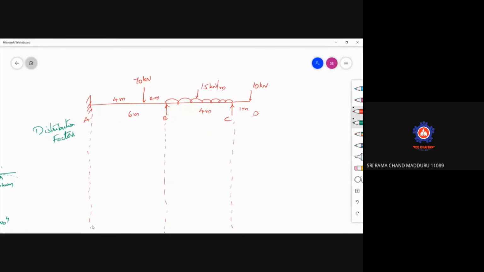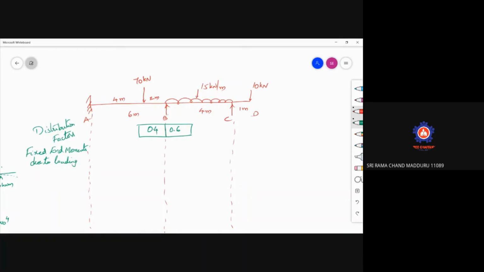So we have already written at B, this is 0.4, this is 0.6. So this is distribution factor. Now, after distribution factors, write down fixed end moments due to loading.